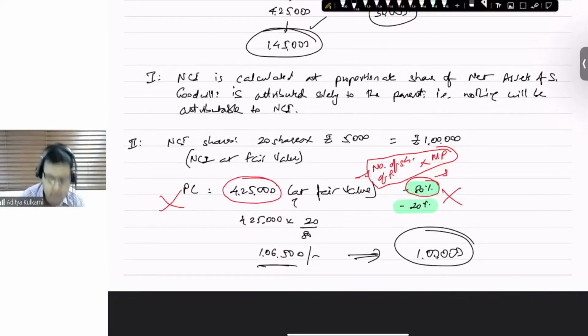If you do a cross multiplication, it is coming at 1,06,500. How would that be fair? In this case, in a crude fashion, 6,500 extra is there because that represents a control premium.